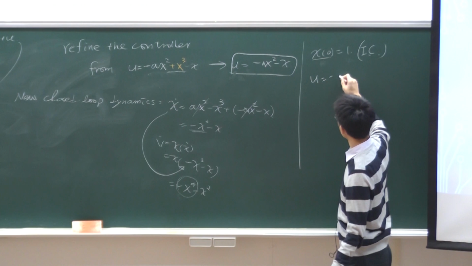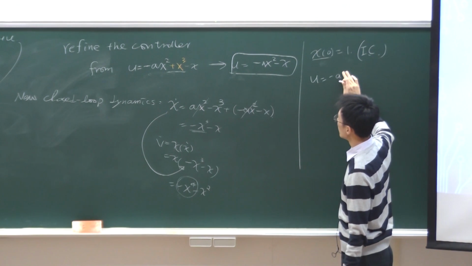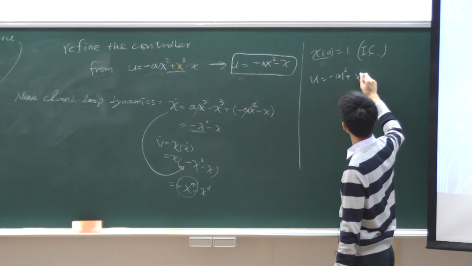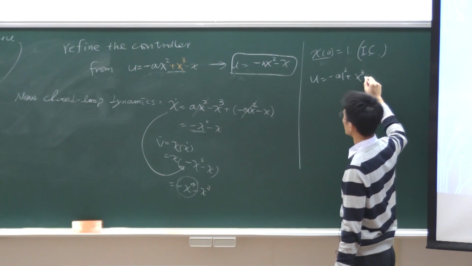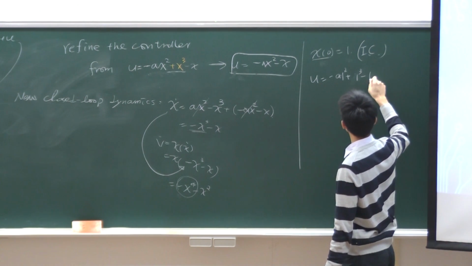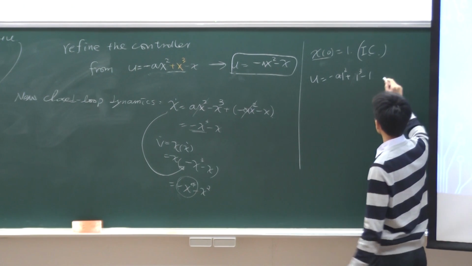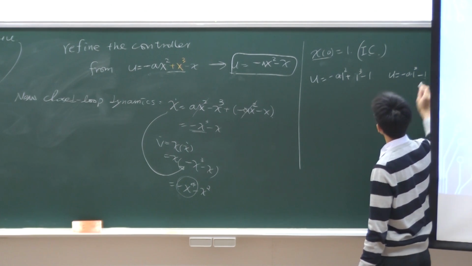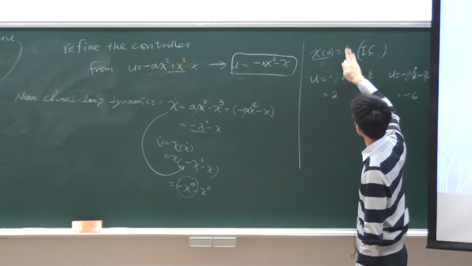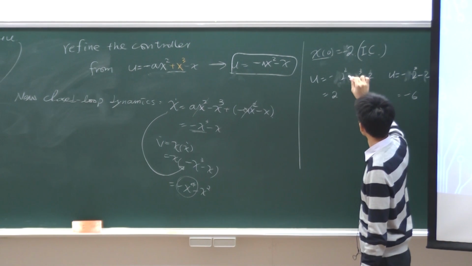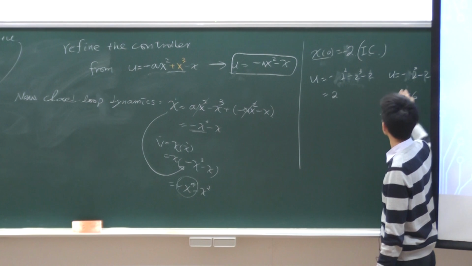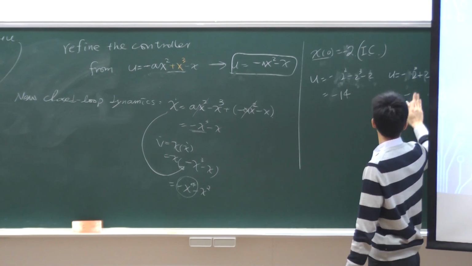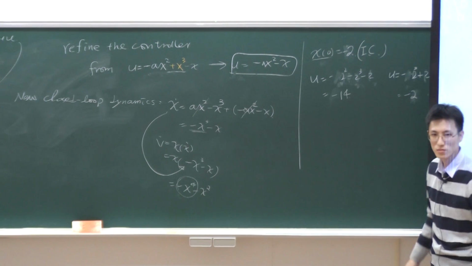Minus a times 1 squared plus x cubed minus 1, okay? And the one on the right is what? Minus a times 1 squared minus 1. So it's not a good example. Maybe try minus 2. Let's try minus 2. This is minus 8. Okay. So what's this? It's 8 minus 2. Okay. So compare this.